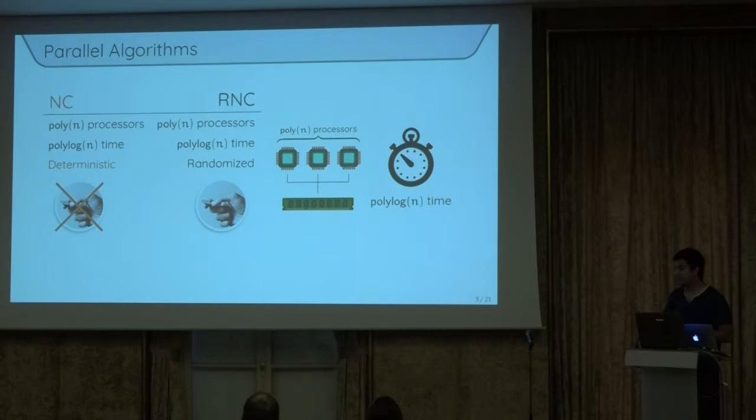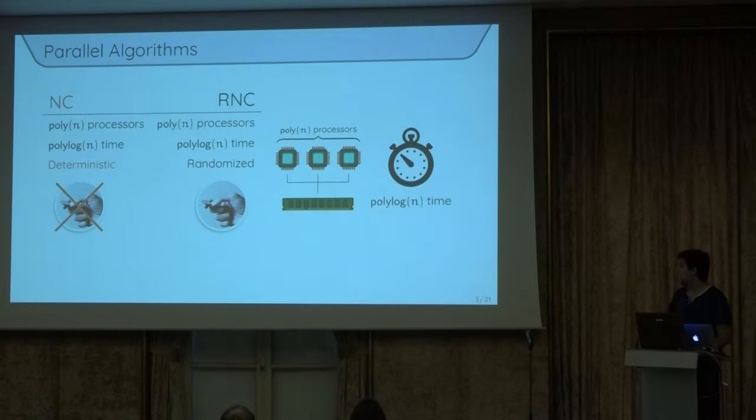So you have polynomially many processors, polynomial in the input size, and these all have access to a shared memory, and you want your algorithm to run in polylogarithmic time in the input size. Okay? So whether or not you have access to randomization actually makes quite a big difference in designing algorithms. So there is the deterministic variant, which is just NC, and there's also the randomized variant, which is called RNC.